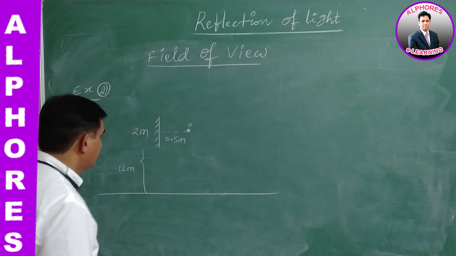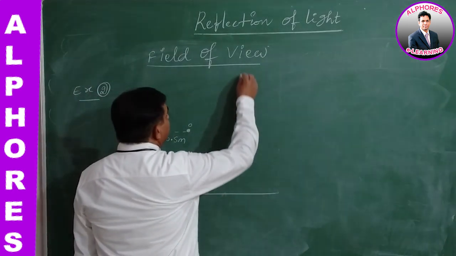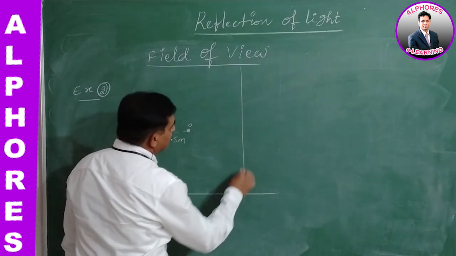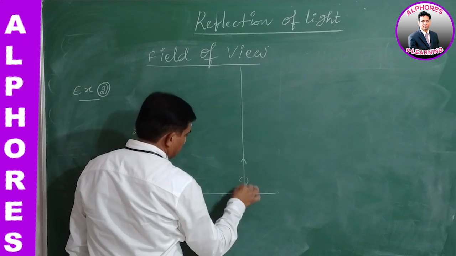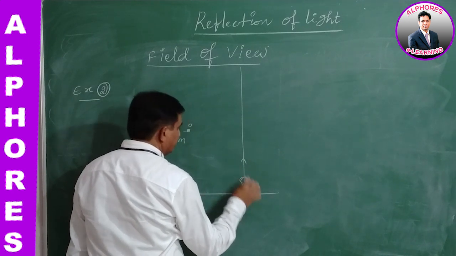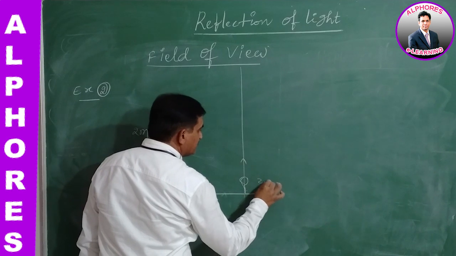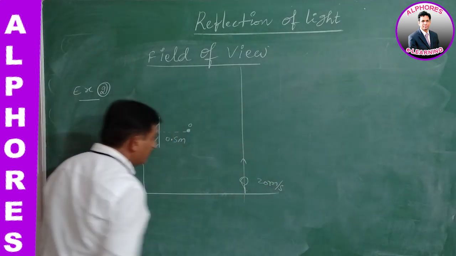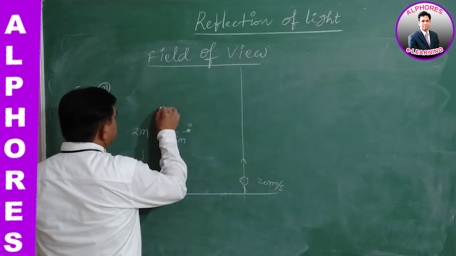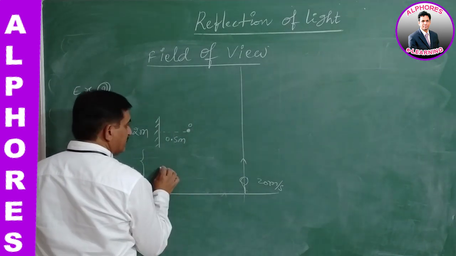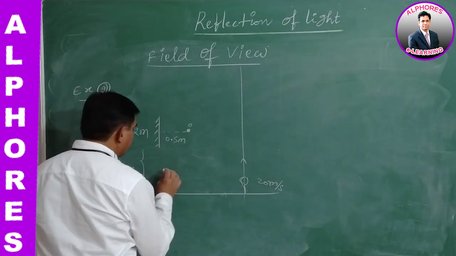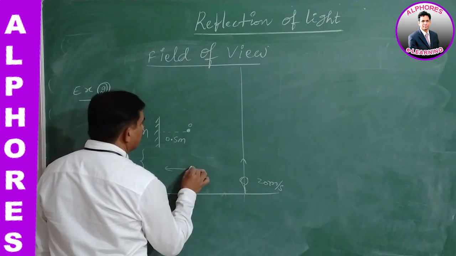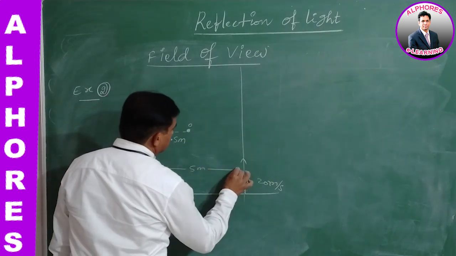Now, a balloon is moving vertically upward with a velocity of 20 meters per second. It is moving parallel to the plane of the mirror at a distance of 5 meters.